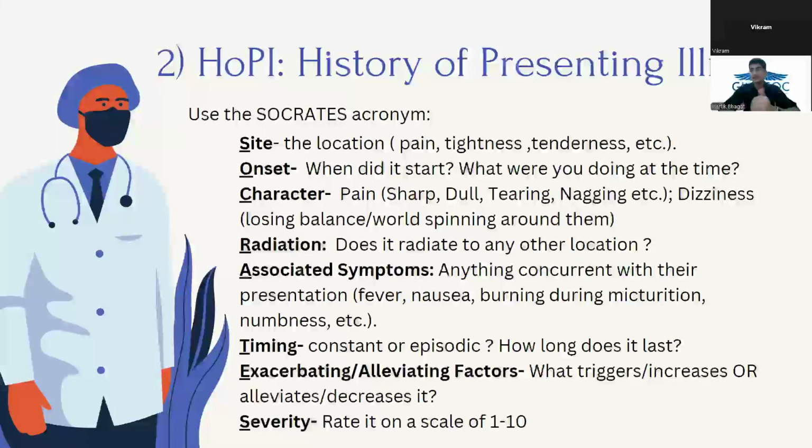And if they say it's 4, that means what you've been doing is clearly working. And therefore, you should continue it, and your therapy should be catered towards the diagnosis that you first thought. So this is how you use the Socrates acronym: site, onset, character, radiation, associated symptoms, timing, exacerbating or alleviating factors, and the severity. Right.